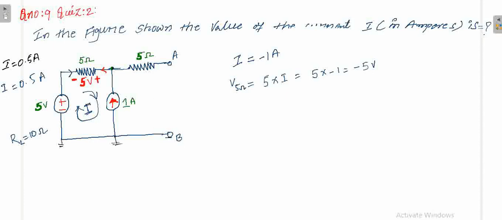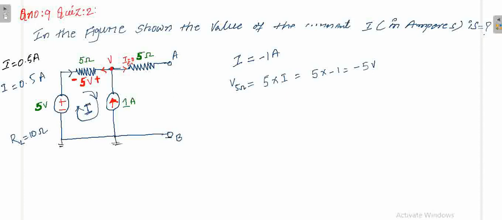Then what will be the voltage at this point? This is an open terminal, so zero current flows through this branch. The total current flows through this circuit only. So let us consider the voltage at this point.